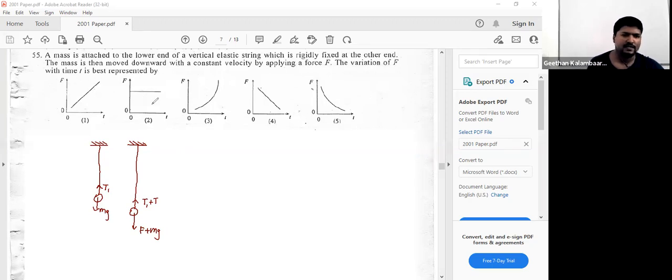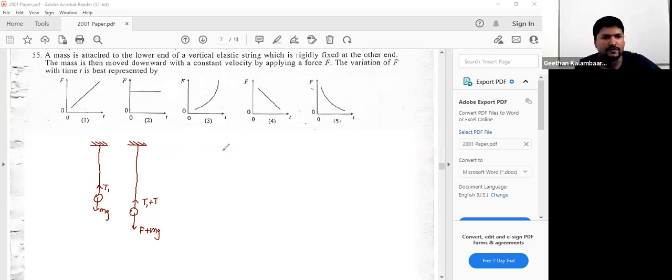The additional tension because of the F force is what we have marked here as T. So we can directly say that this T is responsible for this F. Right, it's actually the opposite: F is responsible for this T. Okay, so let's see how to do this question.